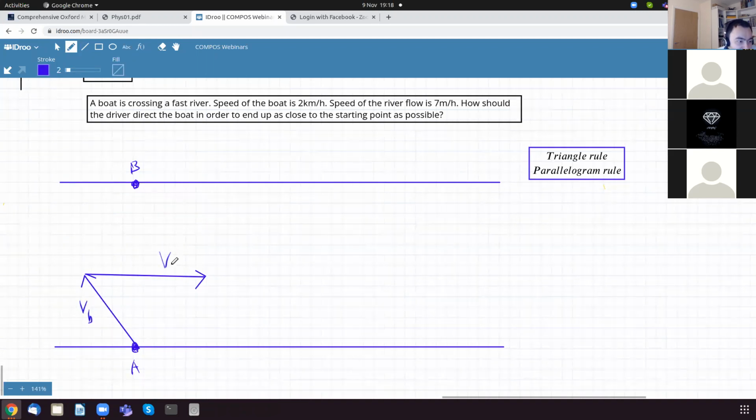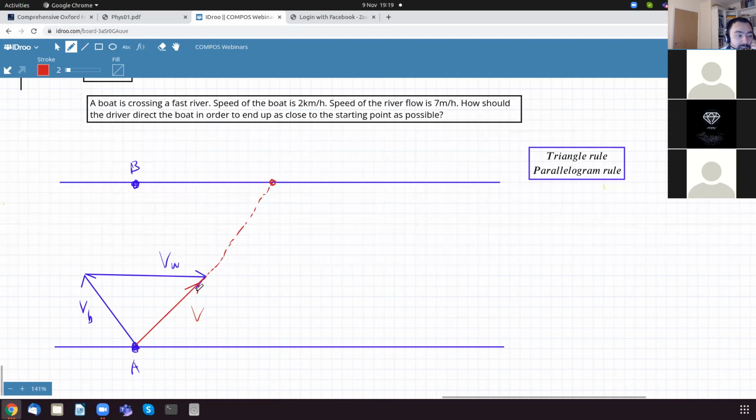This is the velocity of the water, and this is your resultant velocity. Well, let's just call it V. And if this happens, you will end up here.